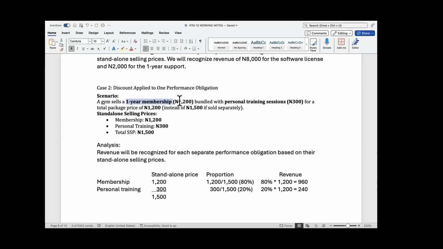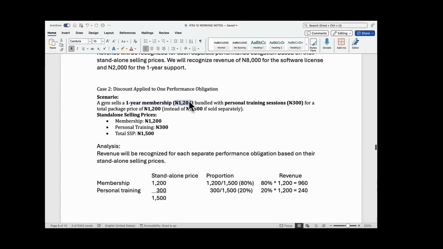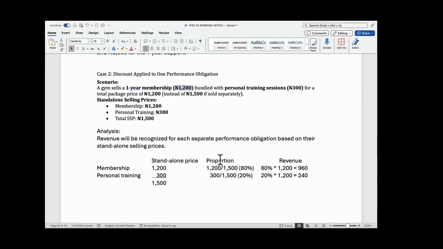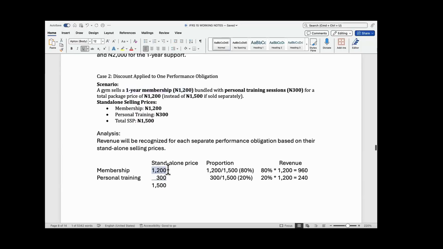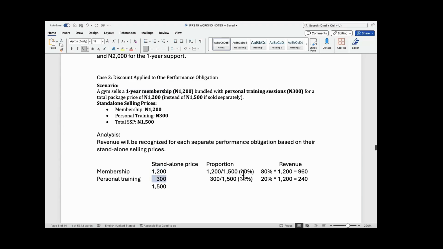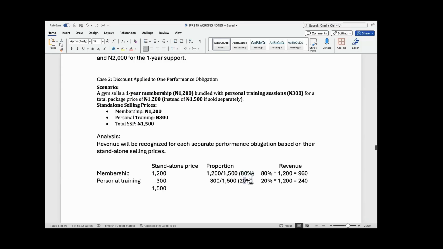And the basis of sharing the money you received will be their standalone selling prices, which was why we did this analysis, because these are their standalone selling prices. We used it to get a proportion, this 80%, this 20%. On the basis of this proportion, we are able to allocate the money you received for the bundled goods to each separate performance obligation.